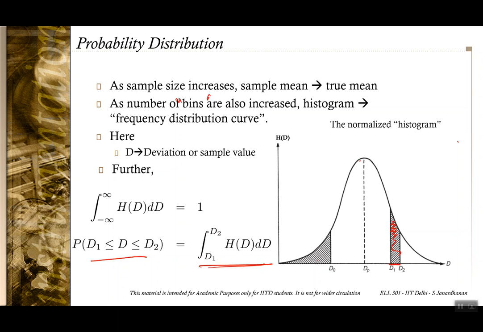Okay, and the probability of d being less than d0 will be the integral from minus infinity to d0 of h of d, given by this expression.